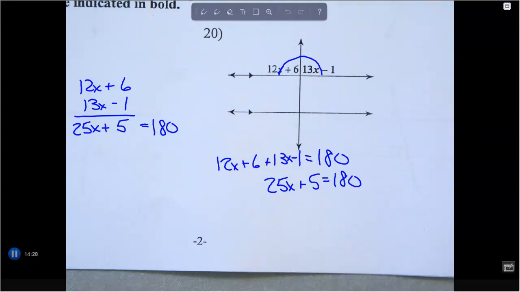And then I just have to solve this equation. So subtract 5, so 25x equals 175. Divide by 25. How many quarters are there in $1.75?